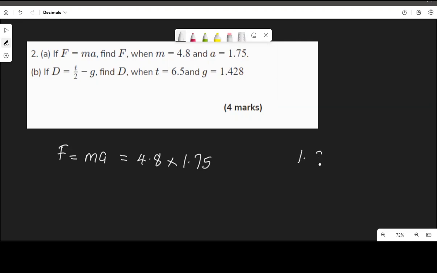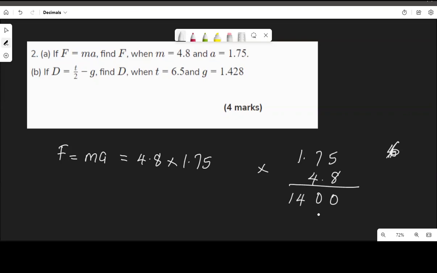So 1.75 multiplied by 4.8: 8 times 5 is 40, 0 carry 4. 8 times 7 is 56. 56 plus 4 is 60, 0 carry 6. 8 times 1 is 8 plus 6 is 14.